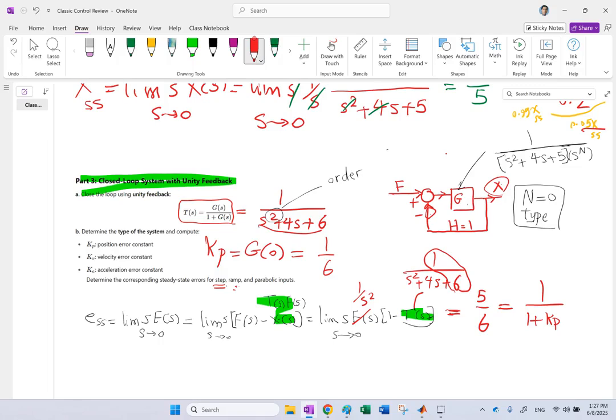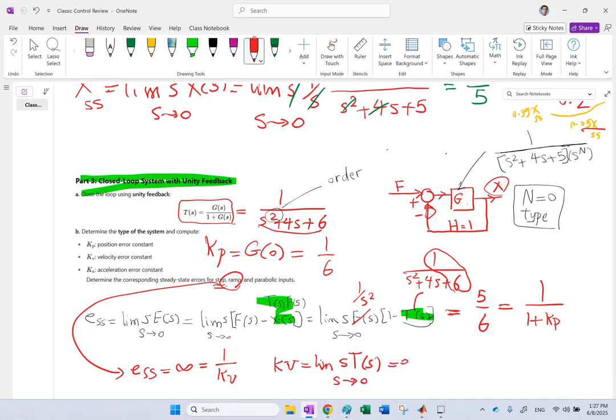So in response to a ramp input, the steady state error is going to be infinity, which is equal to 1 over Kv. And Kv is the limit of s times G(s), in this case T(s) actually, as s goes to 0, which is 0. And clearly 1 over 0 is infinity.